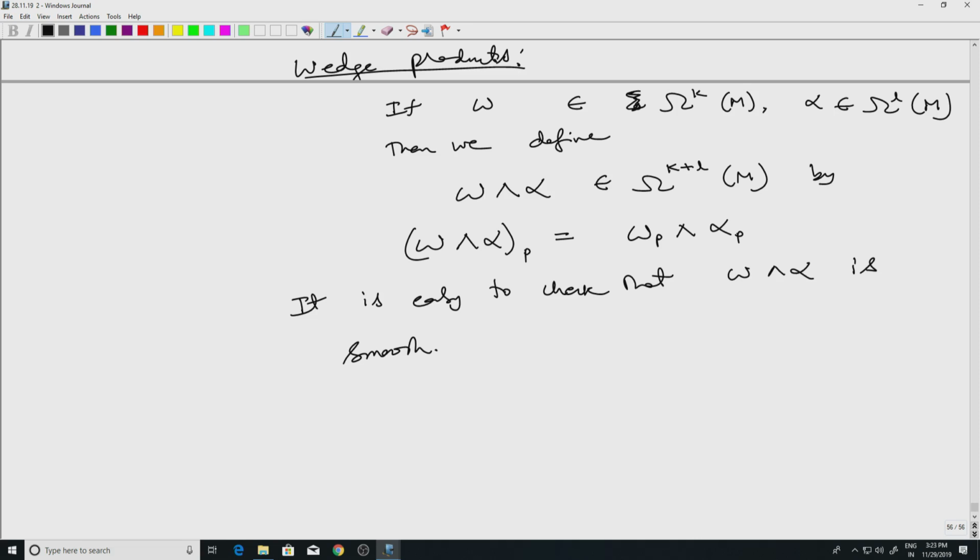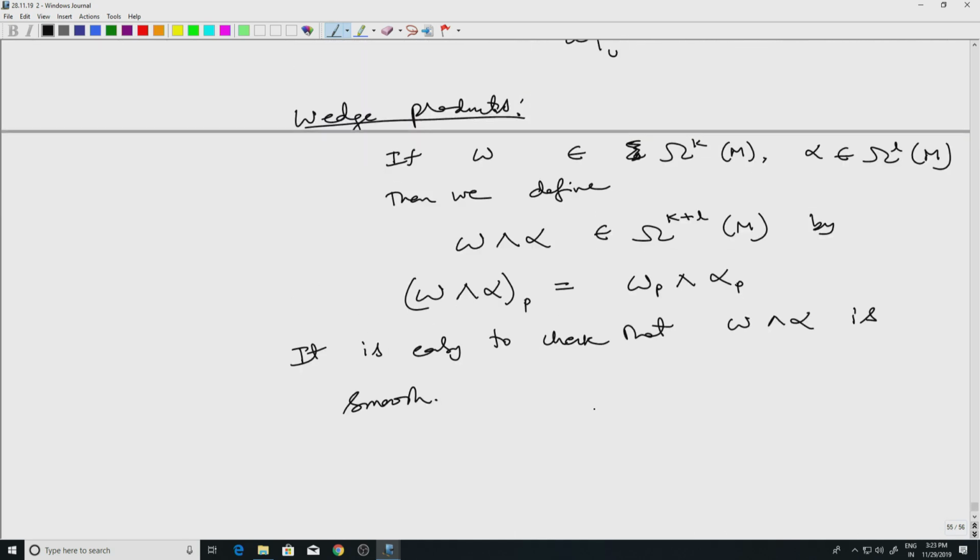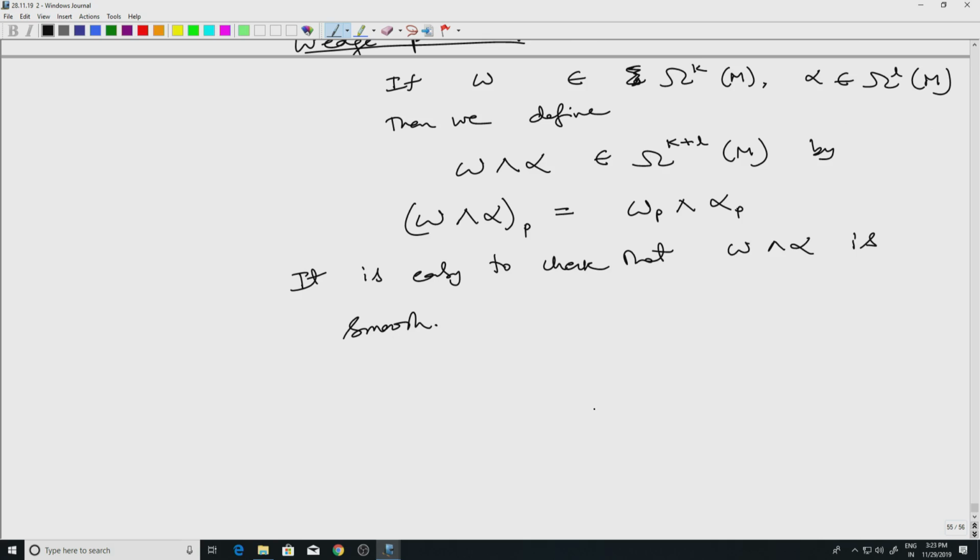Both ways will show that this is smooth. Right, so one has this.